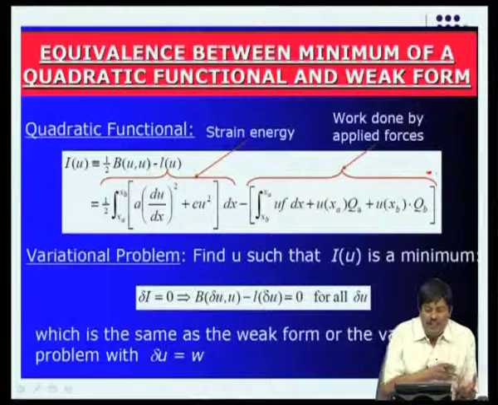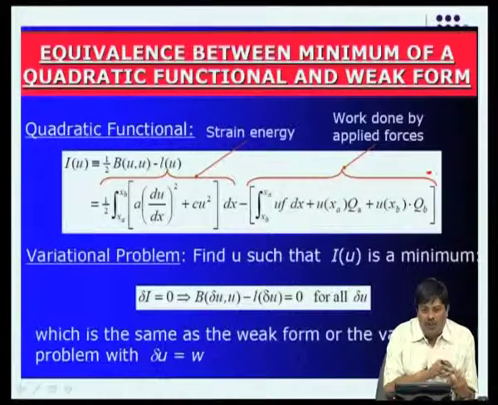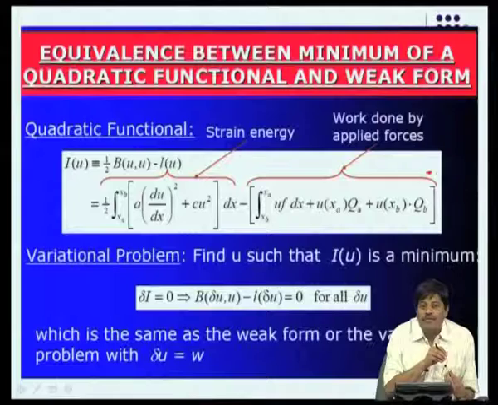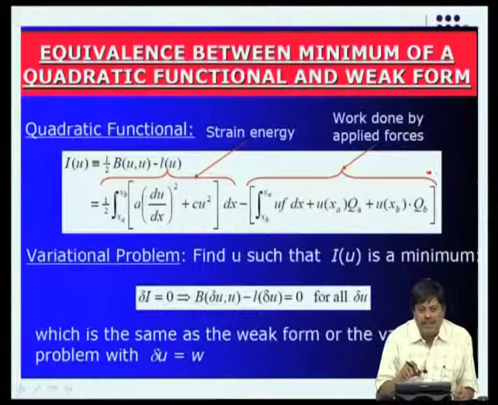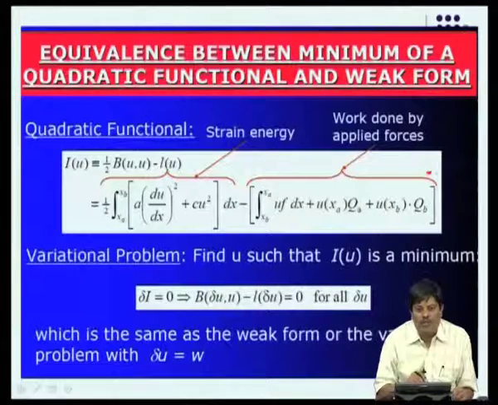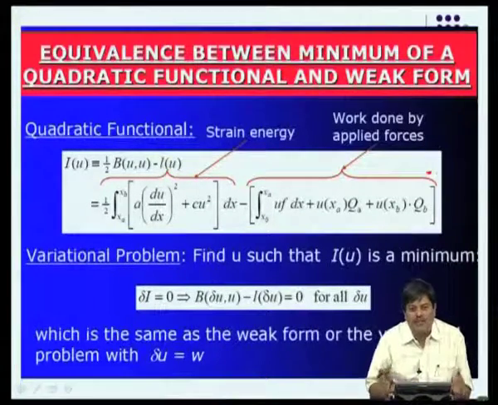So, in summary, we could say that we take a quadratic functional which is in the weighted residual statement and replace the weight function with the dependent variable, and we get the quadratic functional. Minimization of the quadratic functional is essentially the problem we are looking for, and that is the approach we take for finite elements.